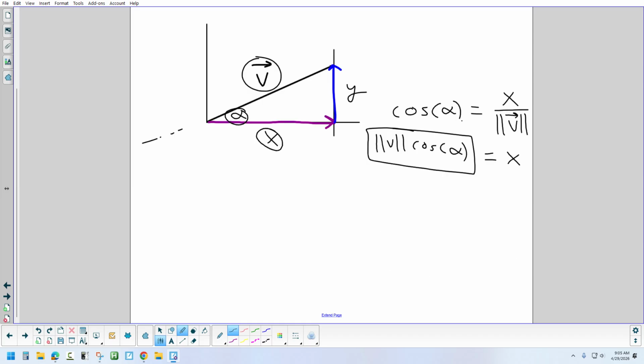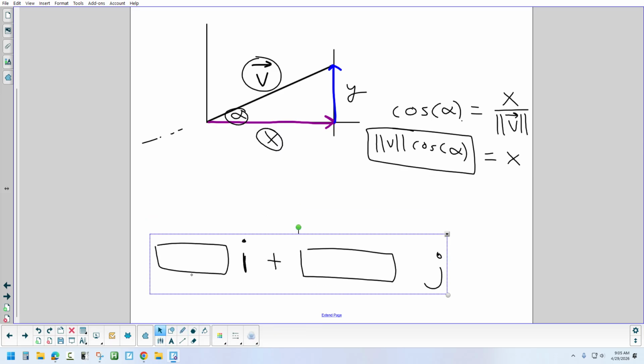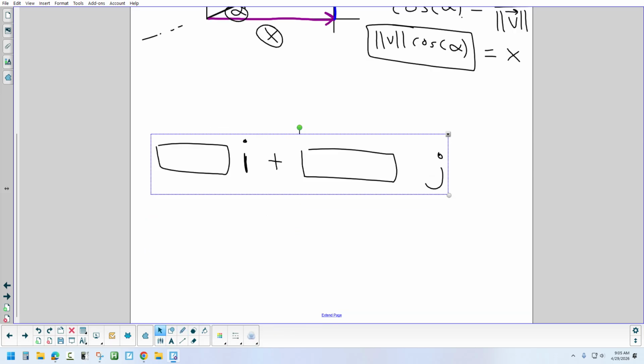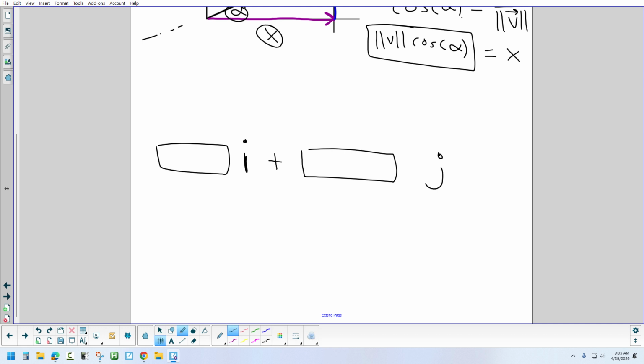Okay, so when you write it as a vector, something like this with an i, plus something here with a j. What's going in the first box is that first formula: magnitude, cosine, angle.